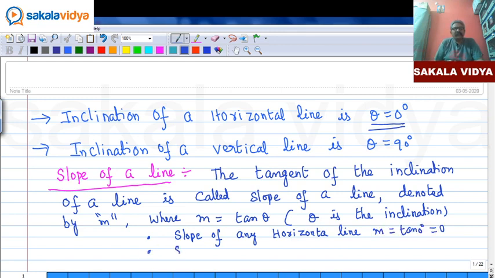Now, slope of any vertical line: the angle of inclination is 90 degrees, so tan 90 is not defined.